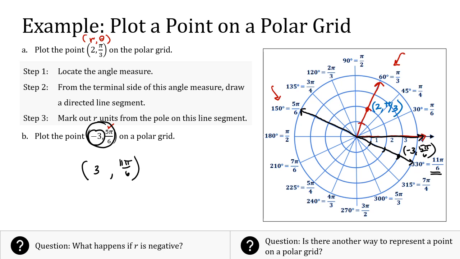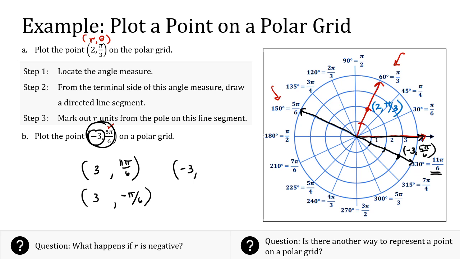What else could we call it? We could call it an angle measure of negative pi over 6, and then still have a positive 3 as a radius. If we want to keep the negative 3, we would just need another way of writing 5 pi over 6.